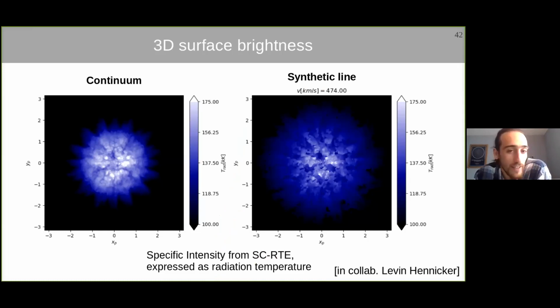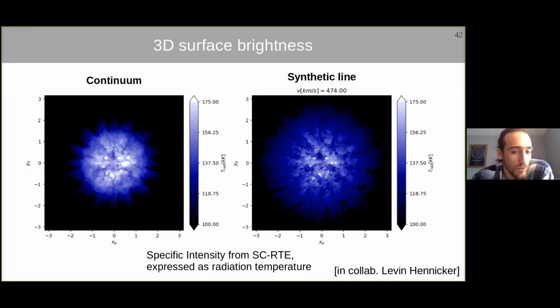What you see here are the specific intensities that we retrieve from doing short characteristics radiative transfer. We express the specific intensity here as a radiation temperature, on the left-hand side for a continuum frequency, and on the right-hand side for a frequency in a spectral line.